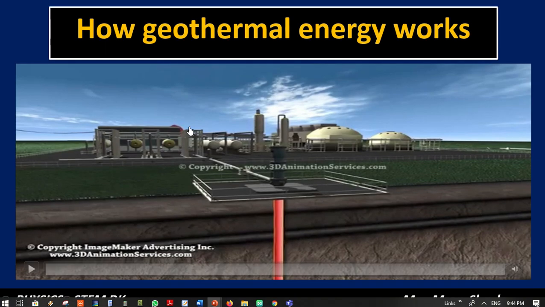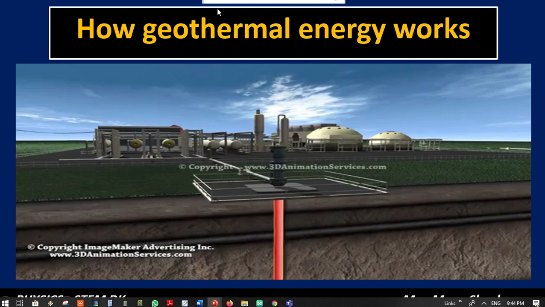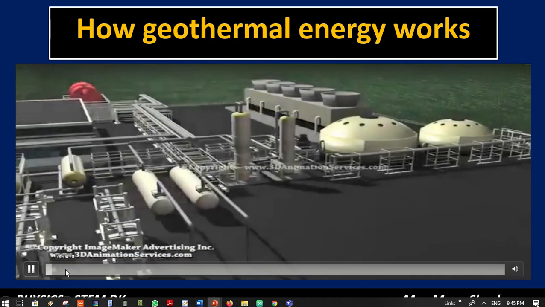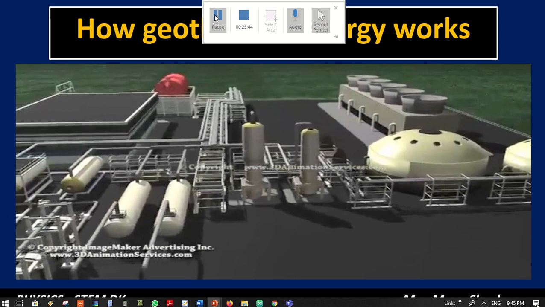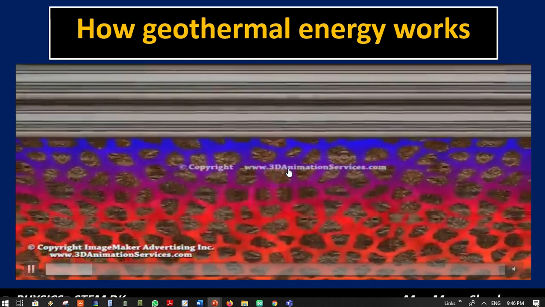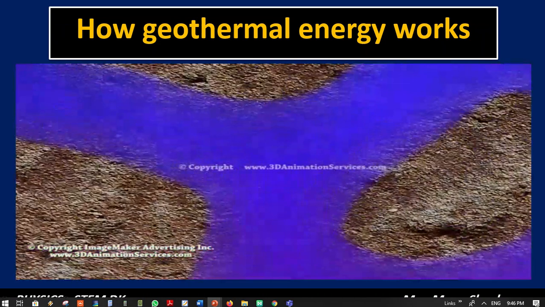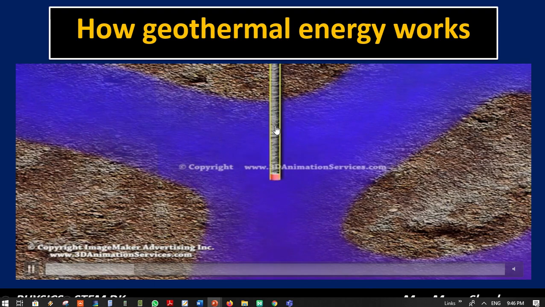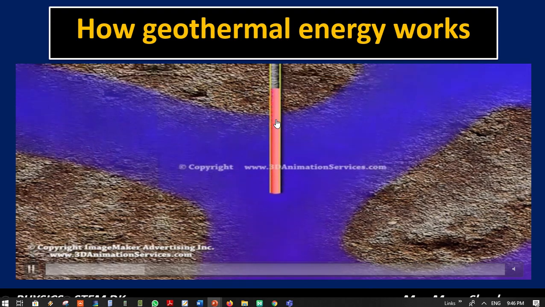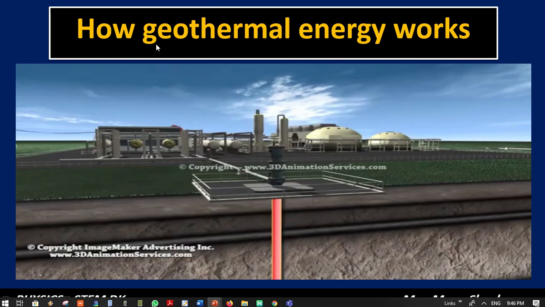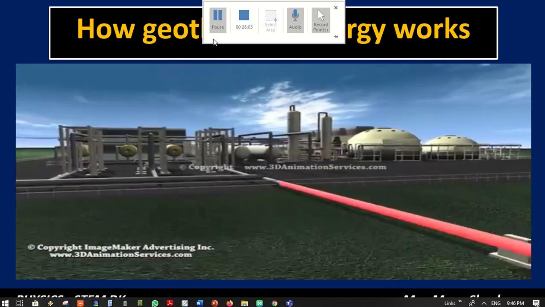Let's see how geothermal energy works. Water in underground reservoirs is heated by magma, and then this fluid flows through the walls to the surface. This water becomes heated.